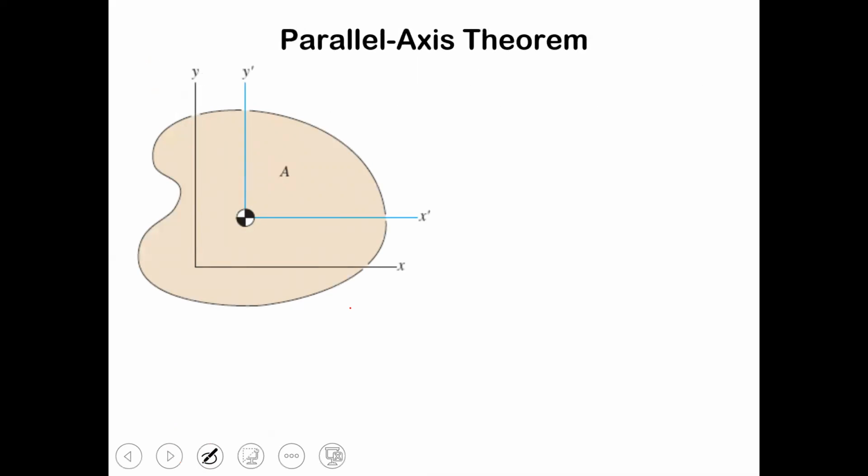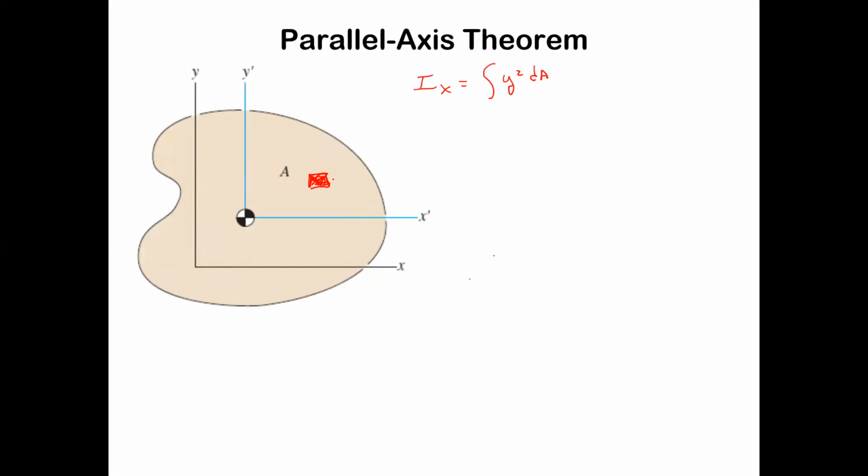Because we define Ix as the integral of y squared times dA. And if we look at this diagram here, we actually have two axes on here. We can think about a particular dA appearing in this body that would be part of the integral.